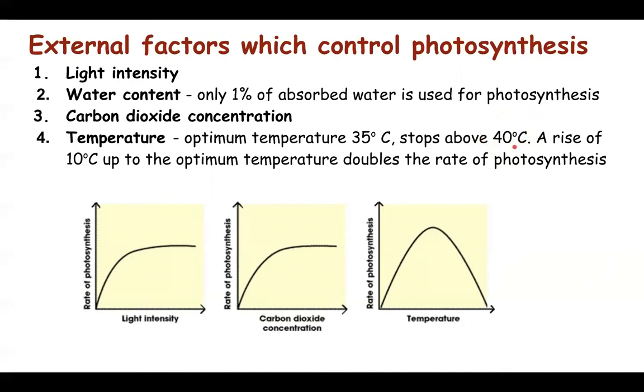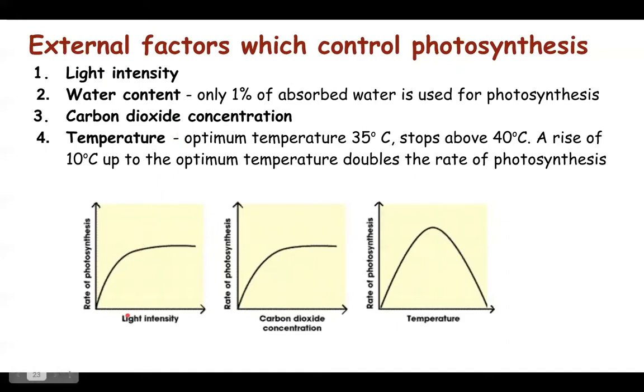So a temperature above 40 degrees Celsius will cause denaturing of the enzymes. Now, below the optimum, that means below 35, at every 10 degrees Celsius increase in temperature, the rate of photosynthesis doubles itself. So these are the external factors which control the rate of photosynthesis.